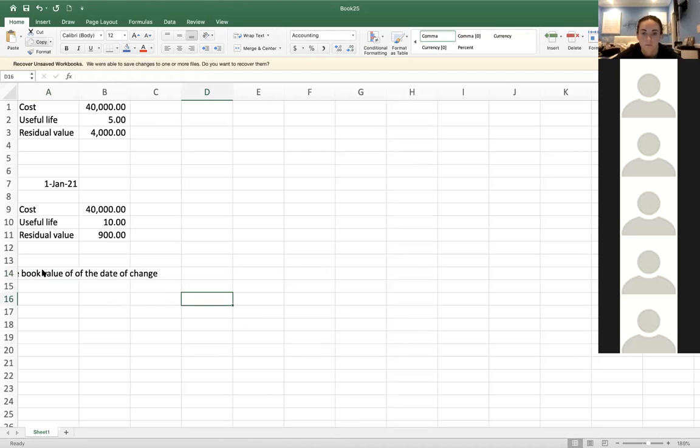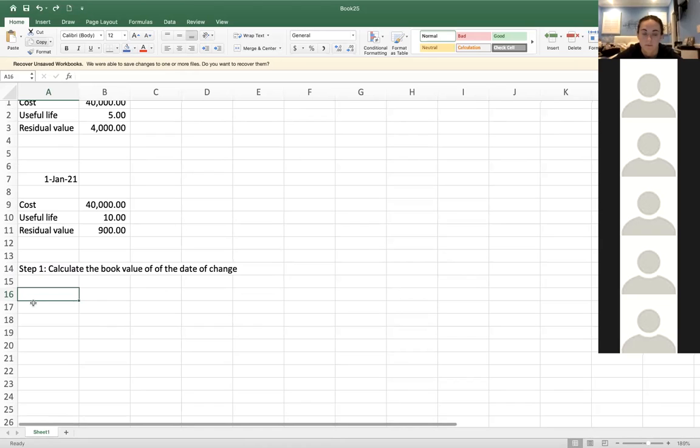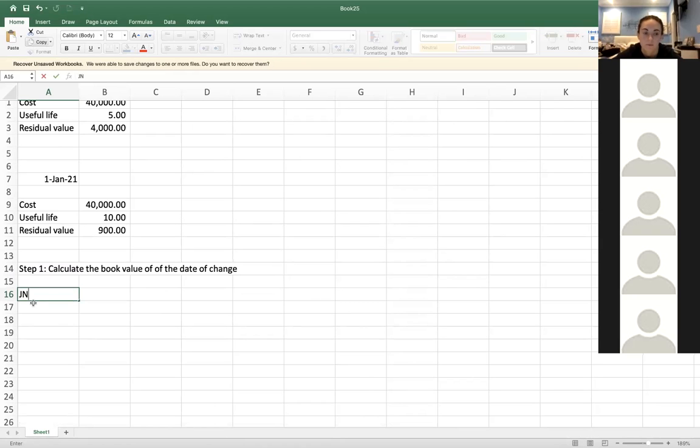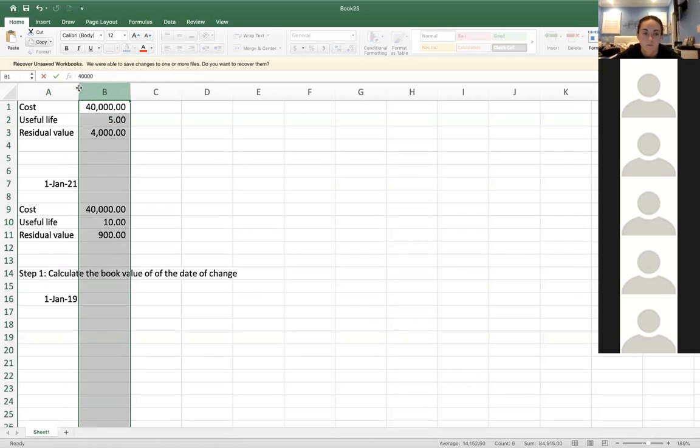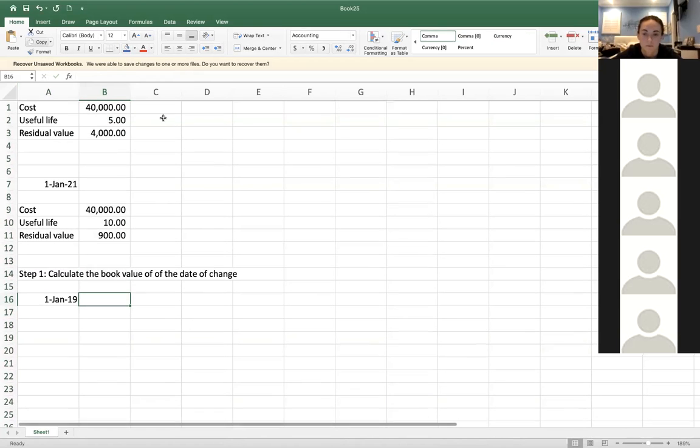What happened here? So the book value as of the date of change, since this was January 1st, we purchased it on January 1st of 2019. So what was my depreciation for January 1st of 2019?